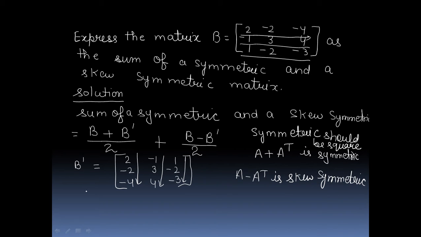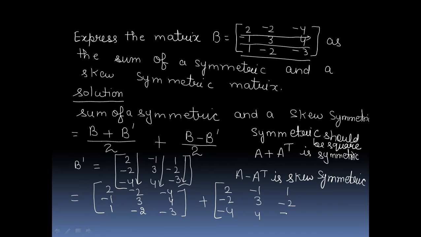Now we put the values in the formula. B is [2 -1 1; -2 3 -2; -4 4 -3] plus [2 -2 -4; -1 3 4; 1 -2 -3], divided by 2.